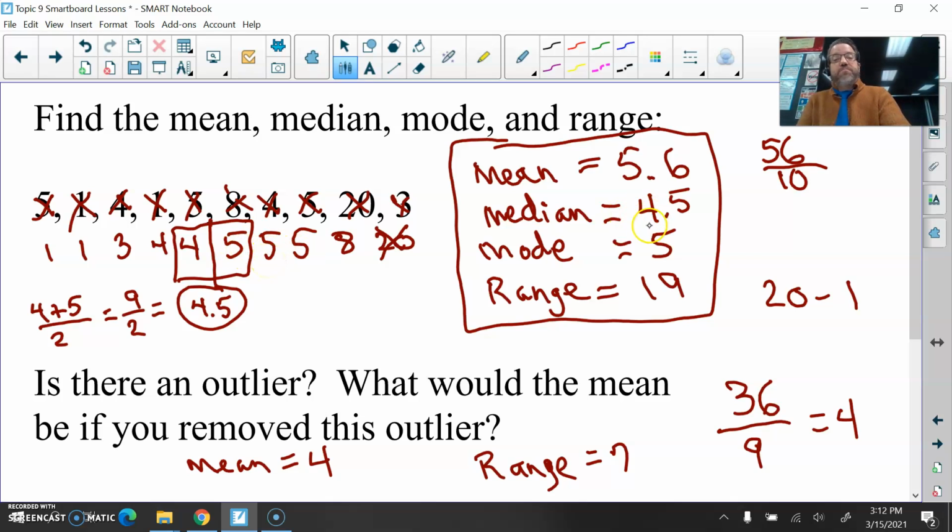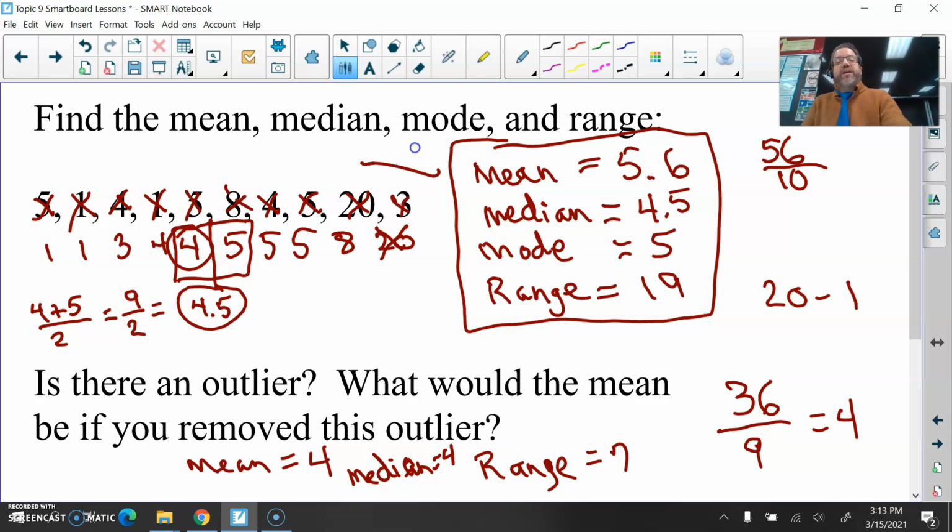And the median is still 4.5 because, well, actually, no, the median changes also because if you removed that 20, now you have 4 to the left, you have 4 to the right of this 4. And so the median changes here as well when we remove that outlier. And now notice when we remove the outlier, our mean and our median here are both 4. They're the same now, whereas they weren't even close to the same before we removed that outlier.